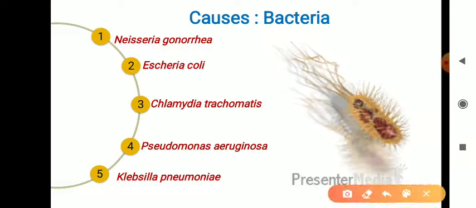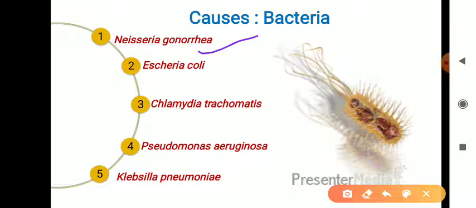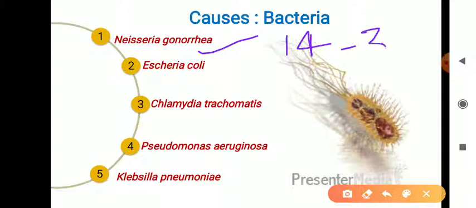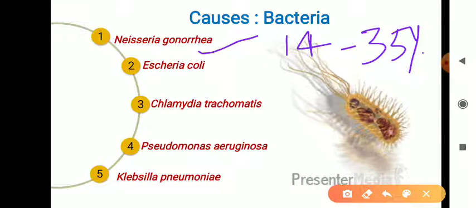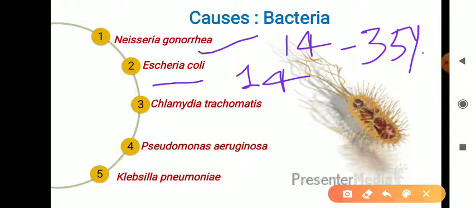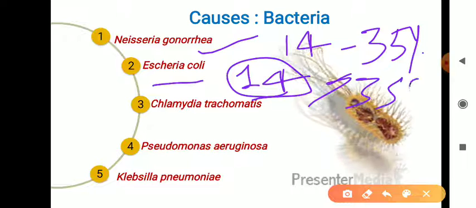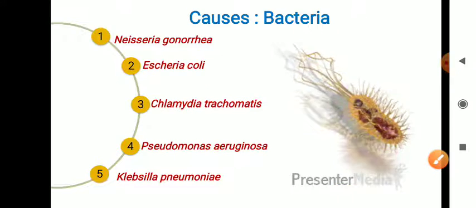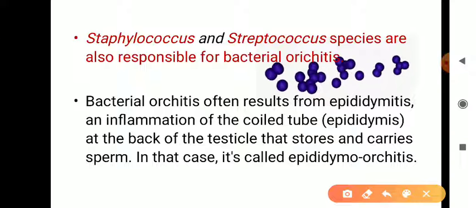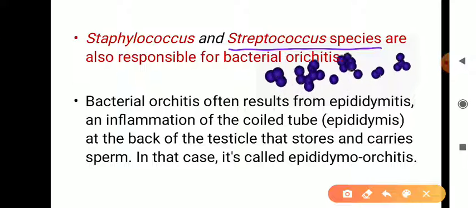Previously we have seen that Neisseria gonorrhoeae mainly affects those between 14 and 35 years, and Escherichia coli mainly those who are less than 14 or more than 35 years. Next causative agents, Staphylococcus and Streptococcus species, are also responsible for bacterial orchitis.